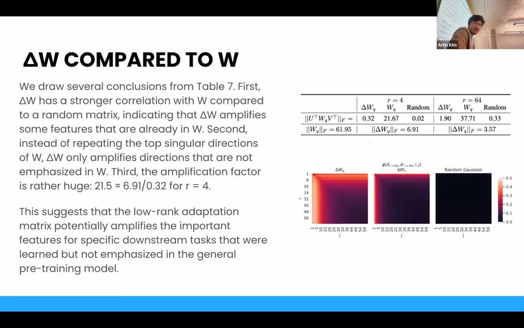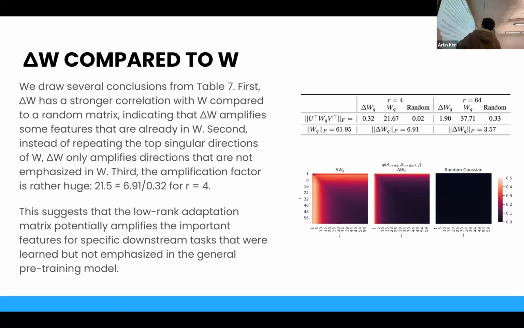And then what was cool is that they compared the delta file to the actual original weights. So the change in weights compared to the original weights. They asked, okay, is the change in weights just completely random directions that the normal weights don't point in? Again, they had some math formula.